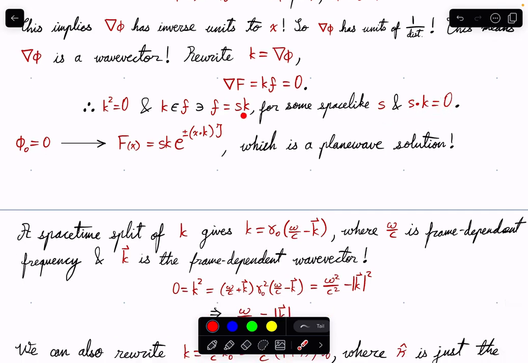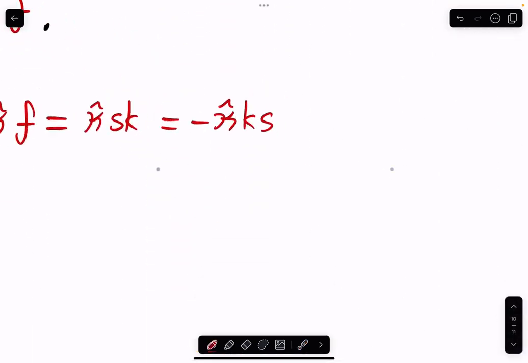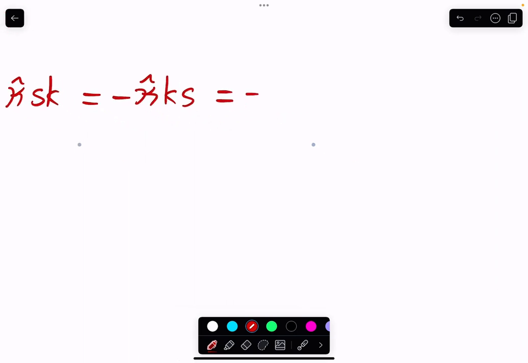So sk is equal to negative ks. Then you can break this out into its space-time split.